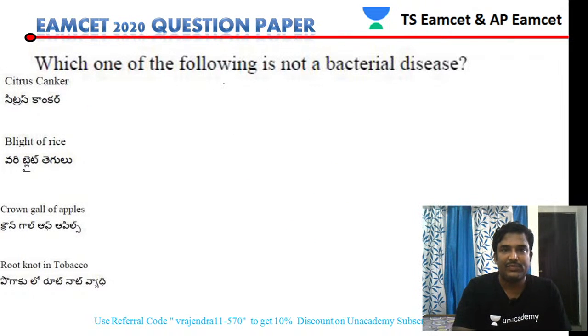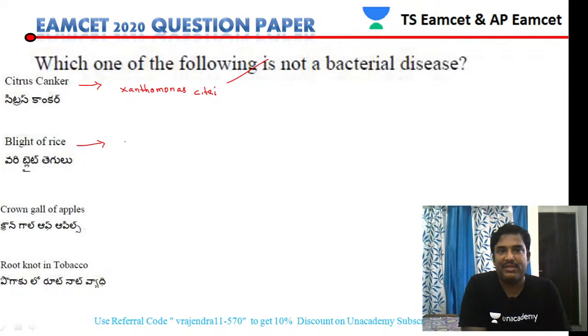Then, which of the following is not a bacterial disease? Citrus canker is caused by bacteria called Xanthomonas citri.